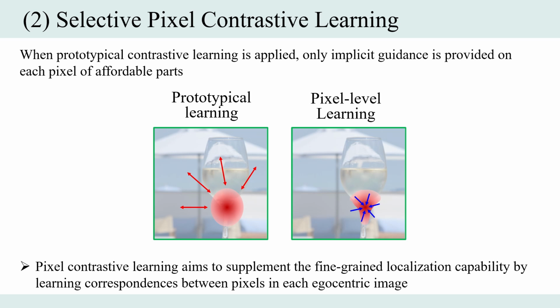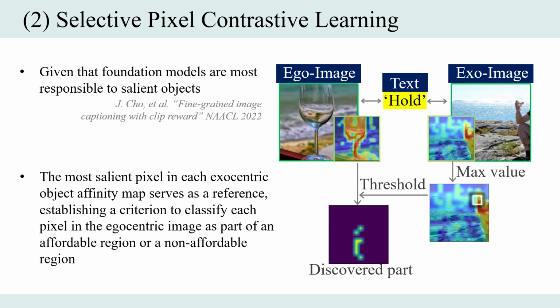Another contrastive approach we propose is pixel contrastive learning. With this, we aim to calibrate the fine-grained localization capability of the model. We use the property of foundation models that they are most responsive to the salient object.